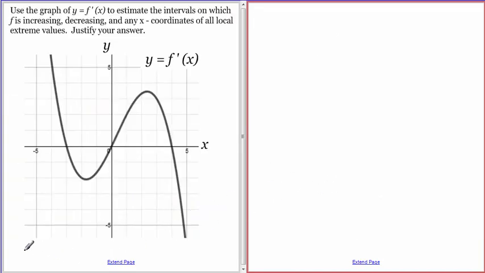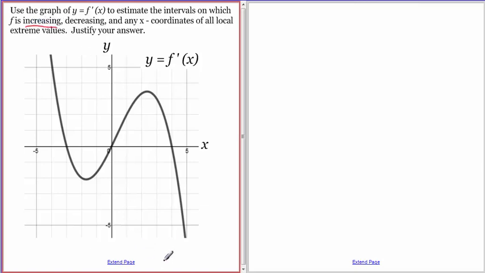Okay, our next example has to do with using the graph of our derivative, and this is really important, the graph of the derivative, to figure out increasing, decreasing, and our coordinates of local extreme values.